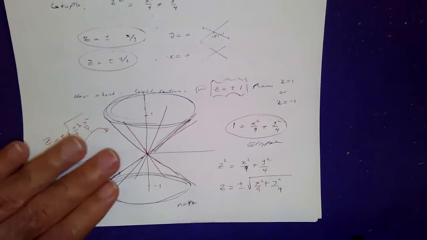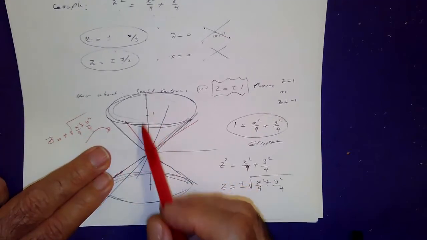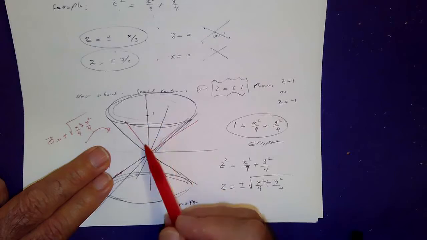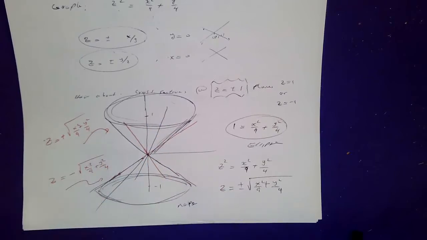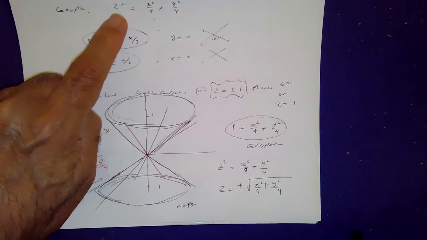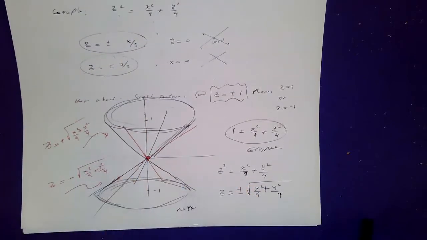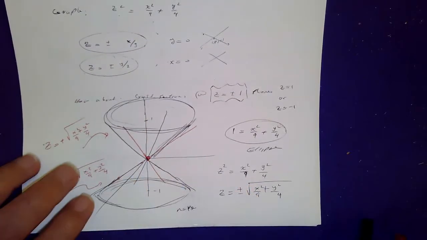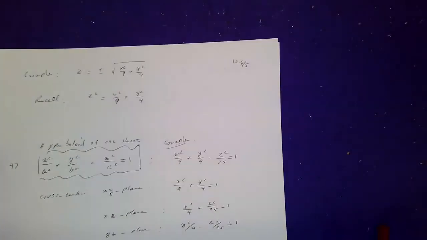So if they give you this equation alone, all you have to do is graph the upper half of a cone. Is that right? And if z is equal to 0, of course you get a point. That's why these intersecting lines cross each other at the origin. So that's how that guy goes.